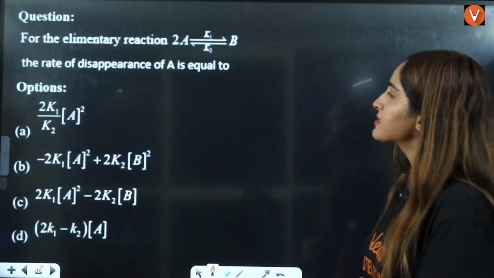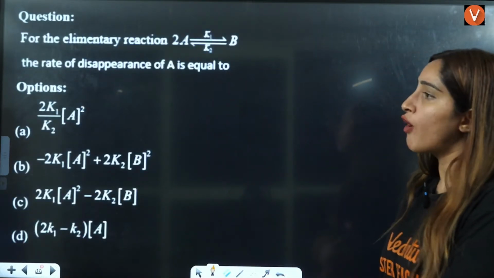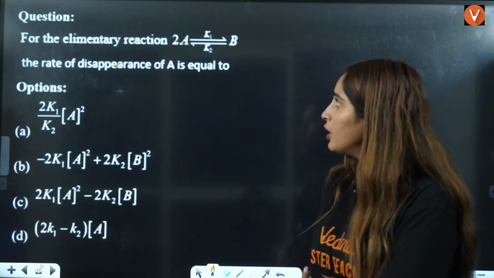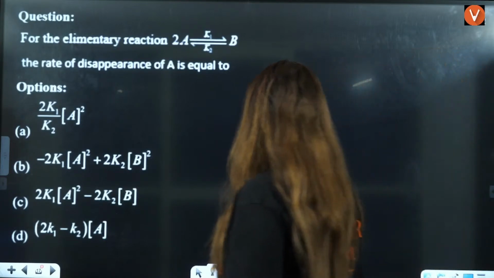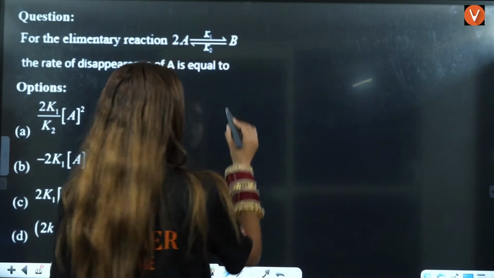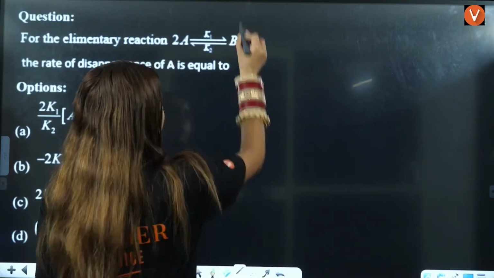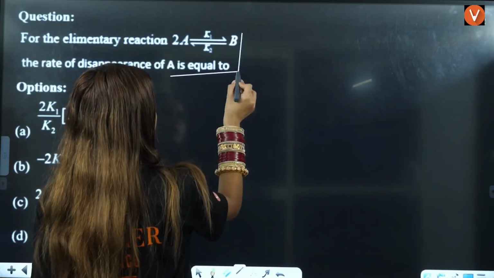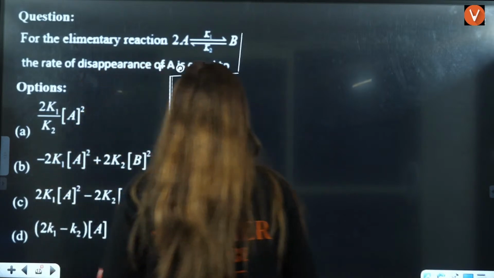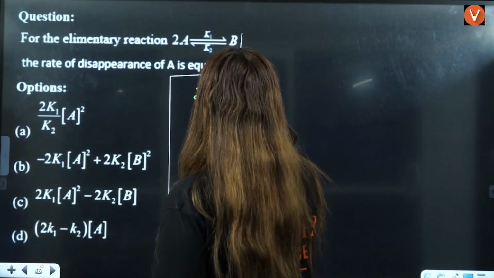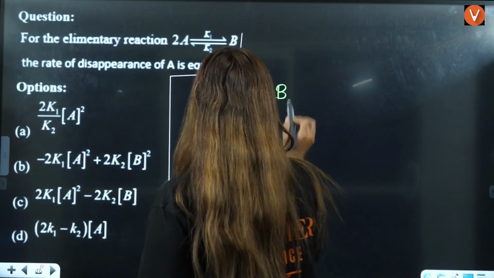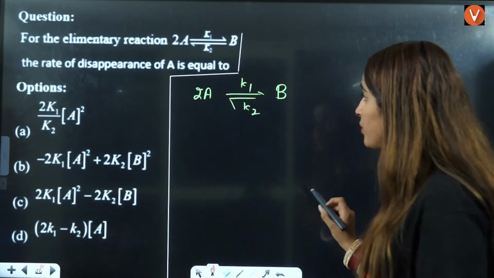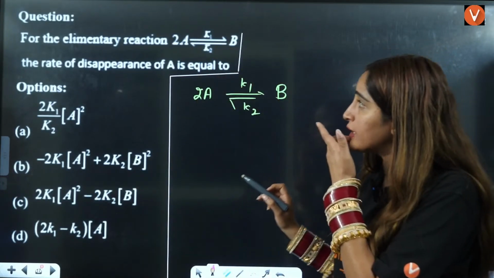Okay. Next is, for an elementary reaction, 2A to B, K1 and K2 are given to you. So simple. See, this is the reaction that is given to you. Now, this is 2A, this is K1, this is K2 and this is B. Look, here they are asking the rate of disappearance.